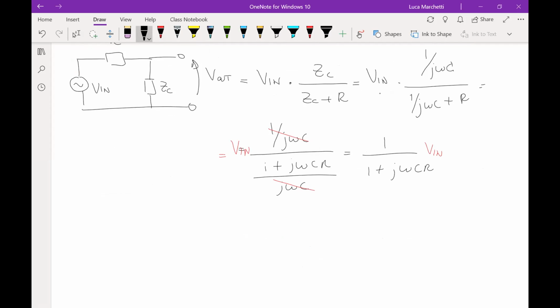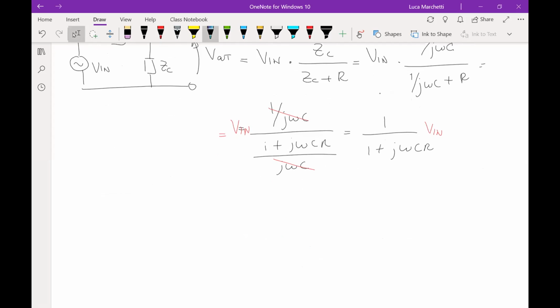This is the formula for the output. Let's circle it. Big achievement.